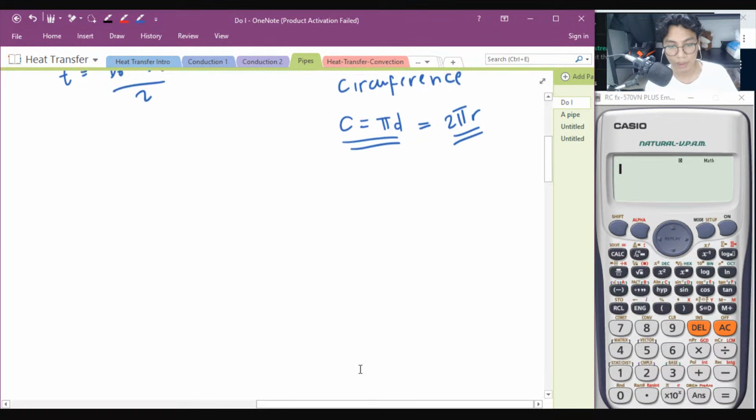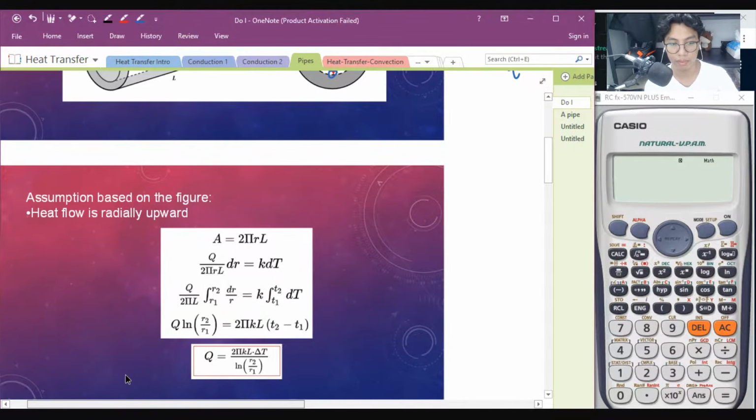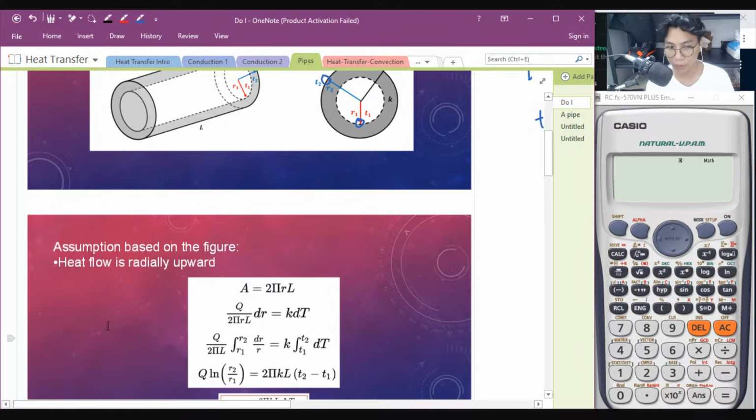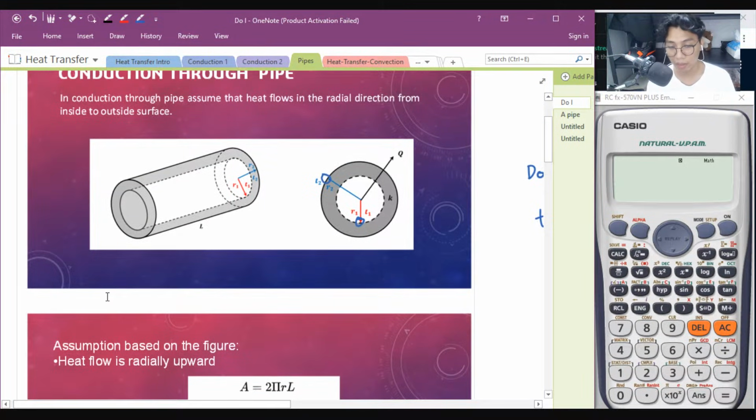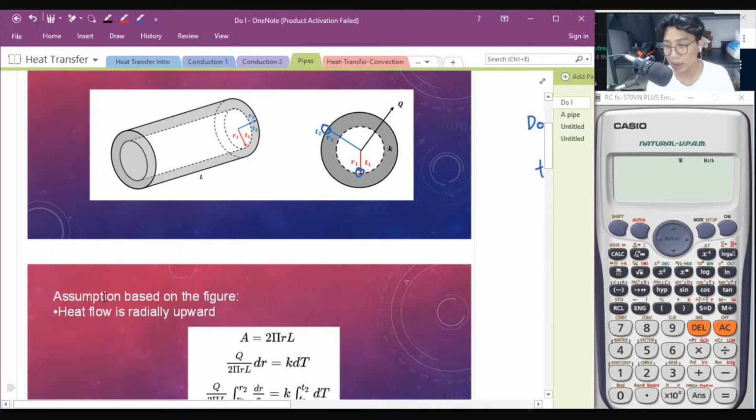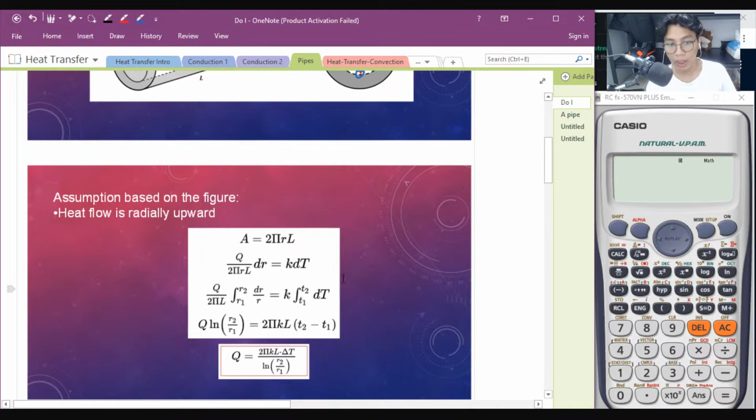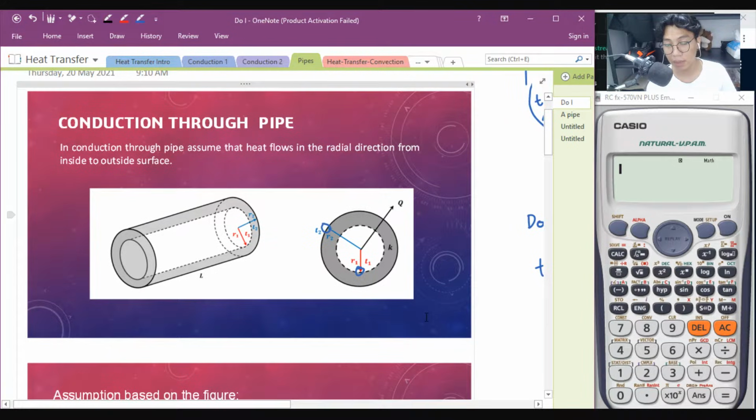Now, the assumption, let's go here, based on the figure, the heat flow is radially upward if the source of the heat is coming from the inside. Okay? The heat is coming out of the system. Now, the heat flow is radially upward. Ibig sabihin, papalabas ng system mo. What if the heat is coming from the outside of the system, then it is going down radially.